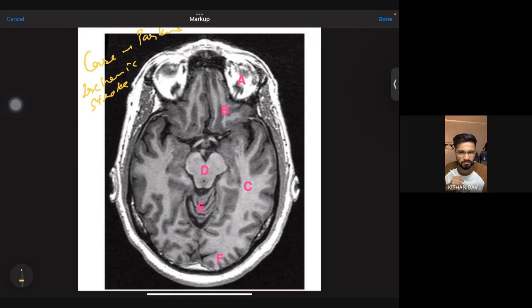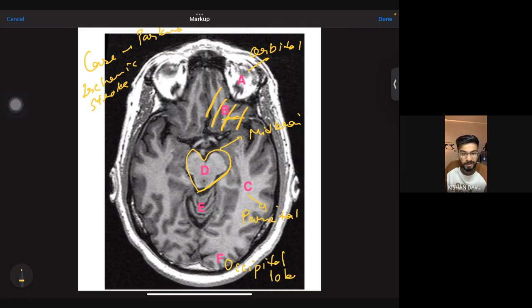Can anyone try to, पता है किसी को? No, okay, no problem, I will tell. तो ये जो एरिया है ये तो ऑर्बिटल वाला है, आई का है. This is something you not need to know. This is the medial orbital floor. Okay, याद करने की जरूरत नहीं है. D, ये जो पूरा रीजन है ना, ये midbrain है. C, it is parietal lobe, and F is occipital lobe.